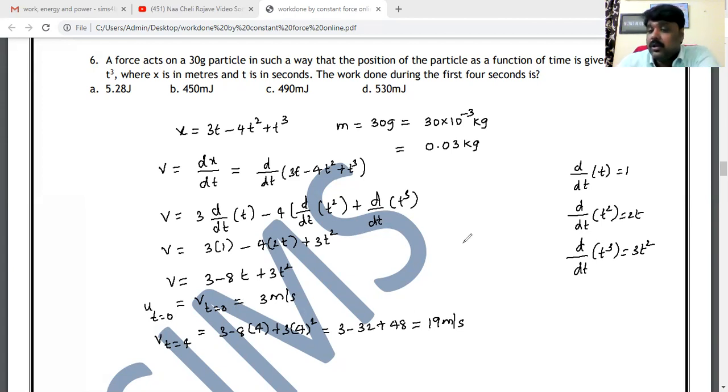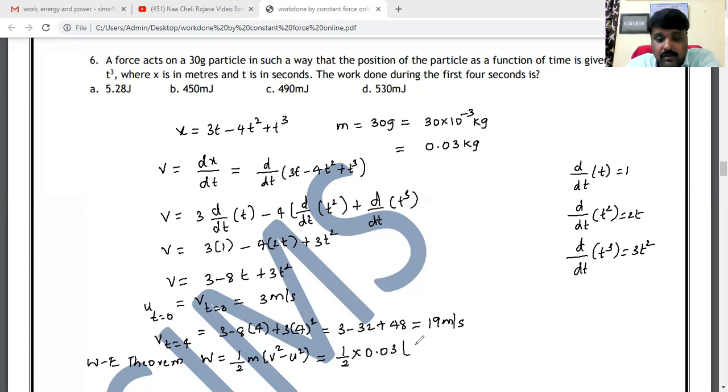Now, according to the work energy theorem, the work done on an object is equal to the change in kinetic energy, that is half m of v square minus u square, that equals half into m, which we have here as 0.03, into v square, that is 19 square, minus u square, that is 3 square.